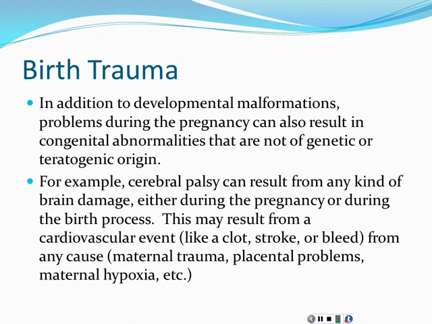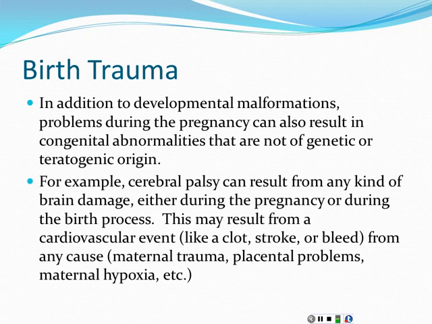All right. But birth trauma can also occur pre-perinatal. In other words, not having anything to do with the labor or the delivery. An example of this might be if mom had a heart attack. The baby might suffer some loss of blood flow because of that traumatic event.